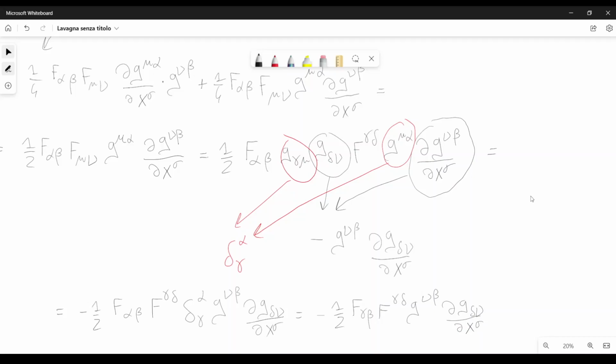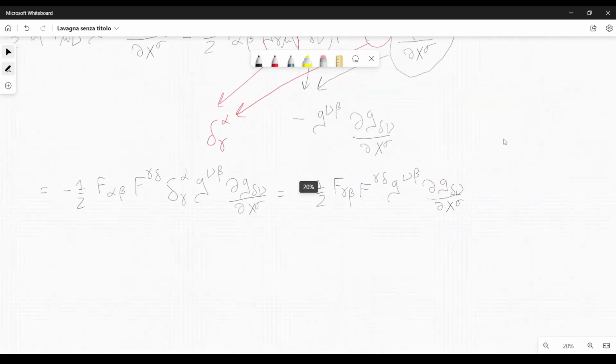And if you want, we can also relabel the indices differently. This is also equal to minus 1/2 F alpha tau times F alpha nu times G mu tau times derivative of G nu mu with respect to x sigma.